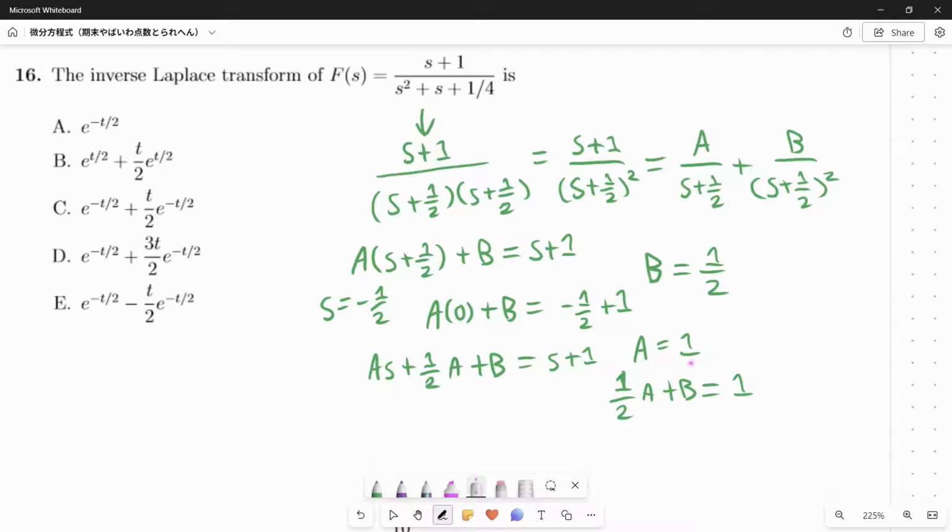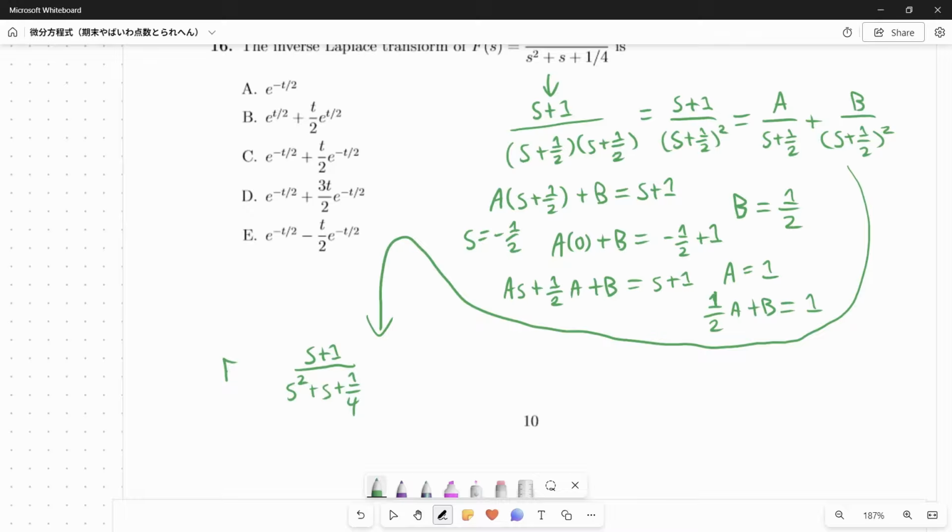So we have our two values for A and B. We can plug those back into this expression, and we're going to end up with a completed partial fraction decomposition, which I'm going to write over here. We can say that (s plus 1) over (s squared plus s plus 1/4), our original expression of F of s, is going to be equal to 1 over (s plus 1/2) plus 1/2 times 1 over (s plus 1/2) squared.